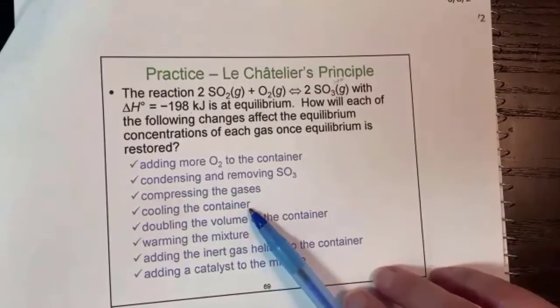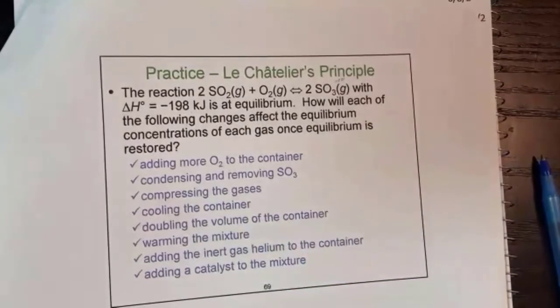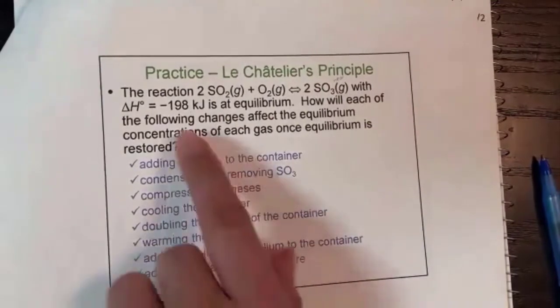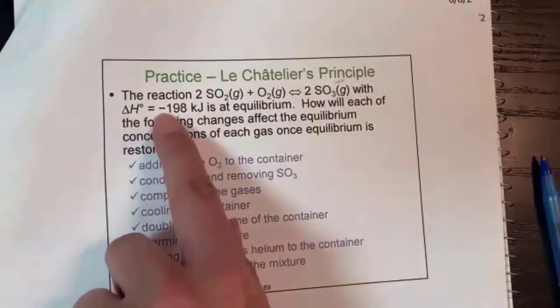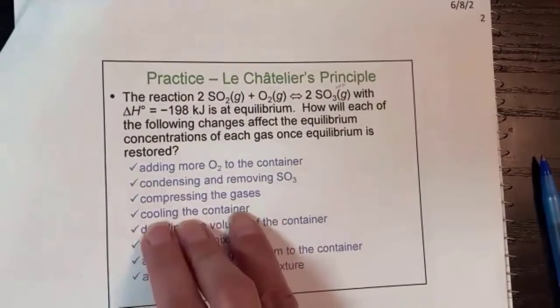It says, what happens if you cool the container? Cooling the container means reducing the temperature, okay? What happens if you reduce the temperature on this reaction that is exothermic, where the heat is on the product side? If you cool it, you're removing heat. So that means it will shift to the right.